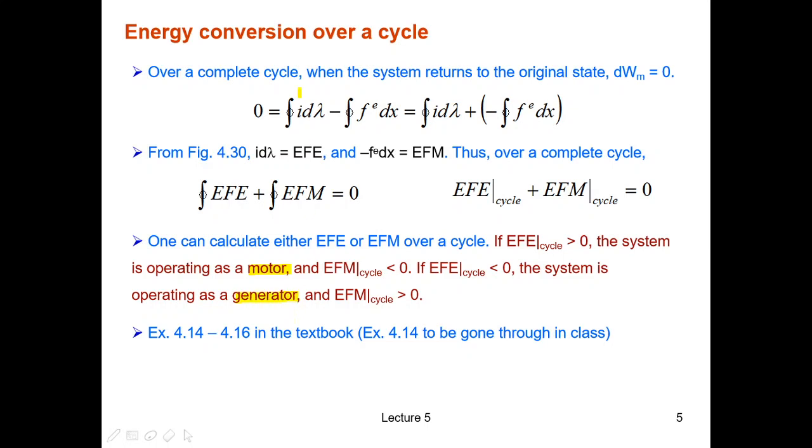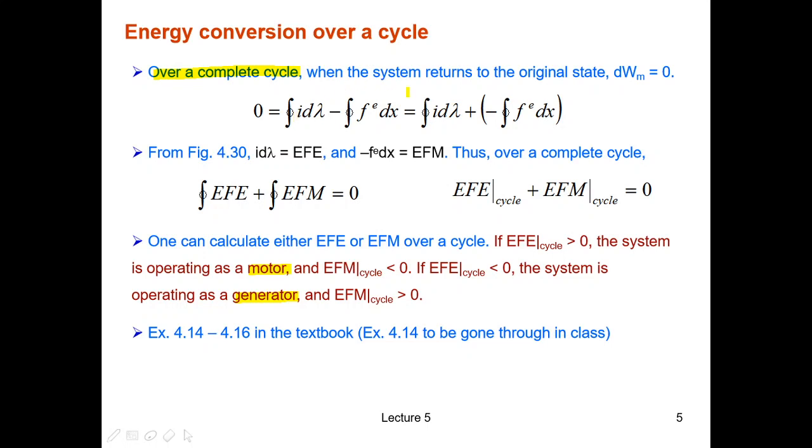Okay, so before we will be able to determine if a system is operating in motor mode or generator mode, we need to calculate the energy conversion over a complete cycle. So this is the integration over a complete cycle. In a complete cycle, if our system is operating cyclically, it will come back to the original state.